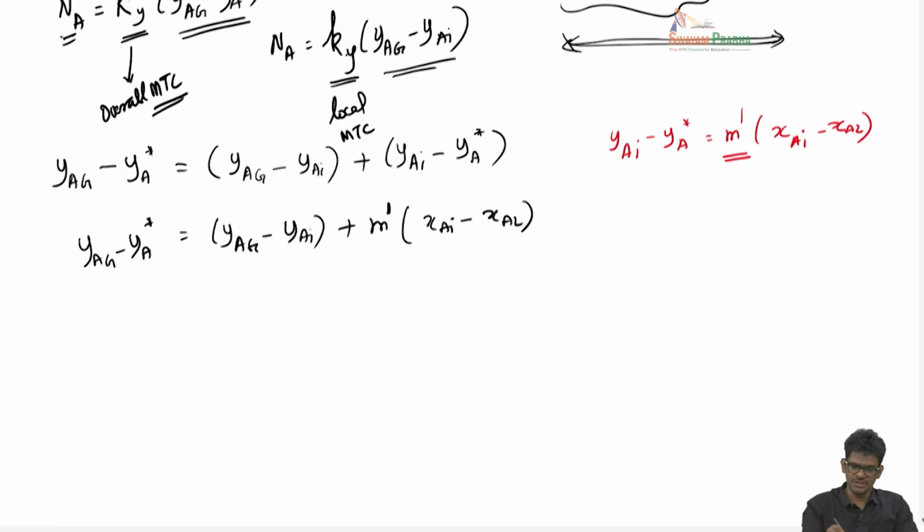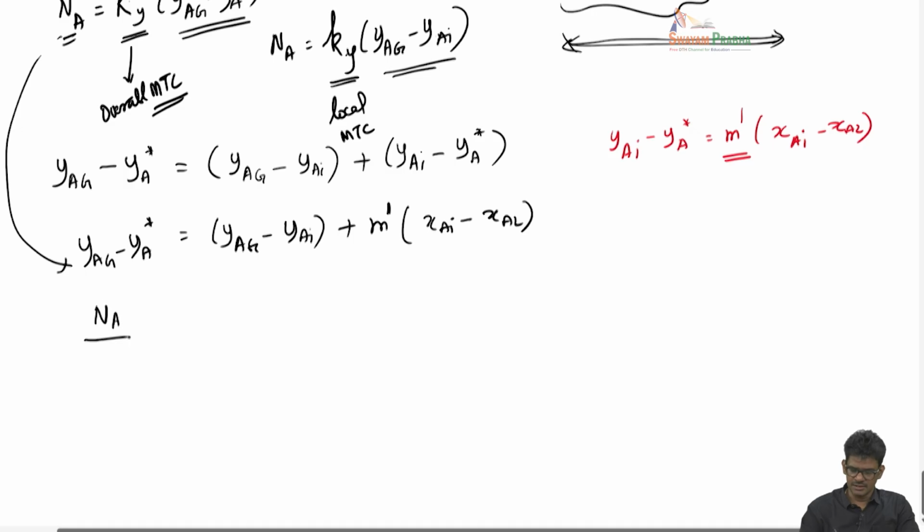Now from this equation we can write this is nothing but NA divided by KY. What is this? How can we write it in terms of NA?